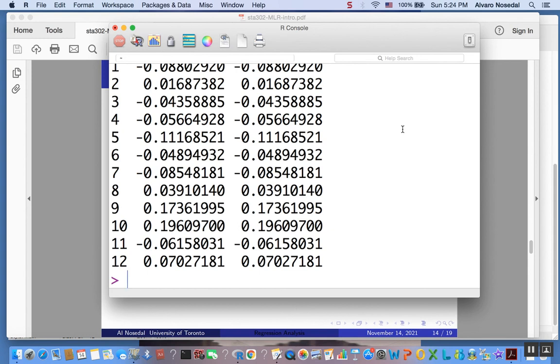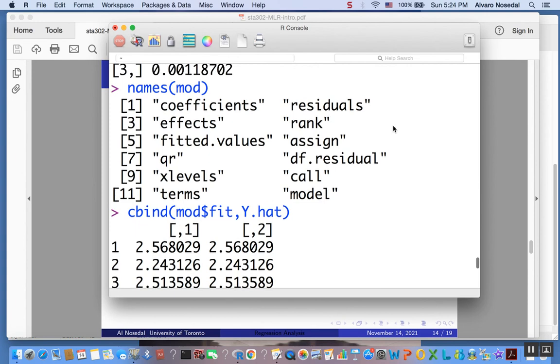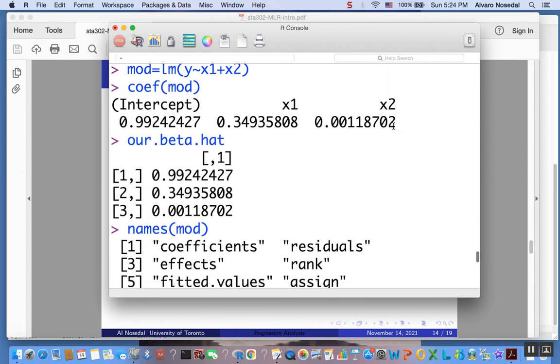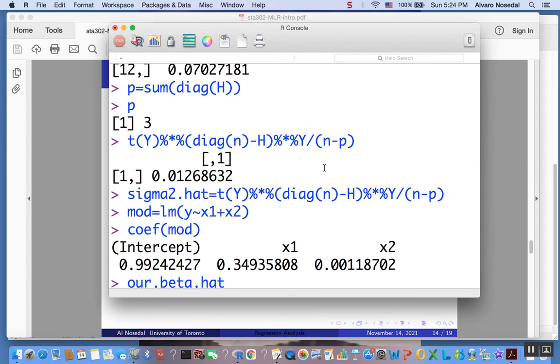It allows you to get predictions just using a matrix multiplication, and not only predictions but also residuals. That is something really nice.